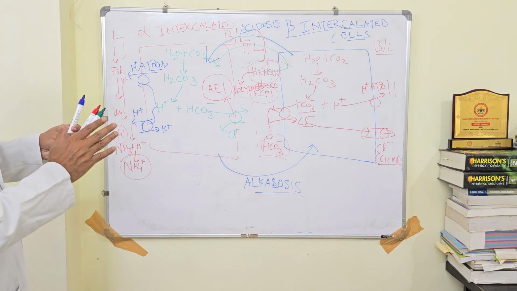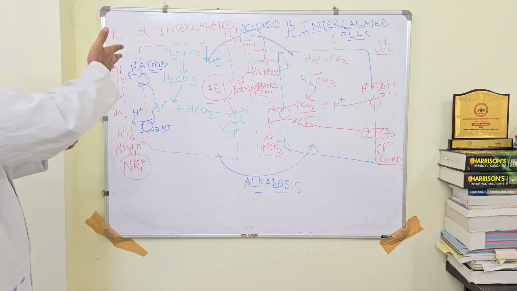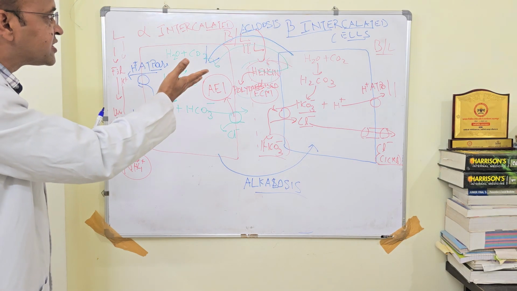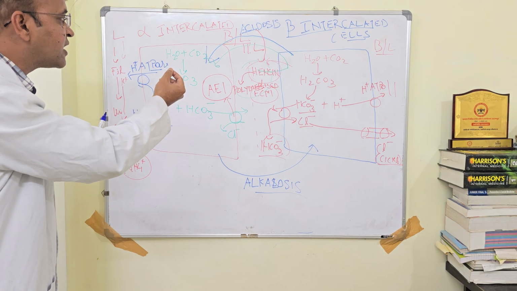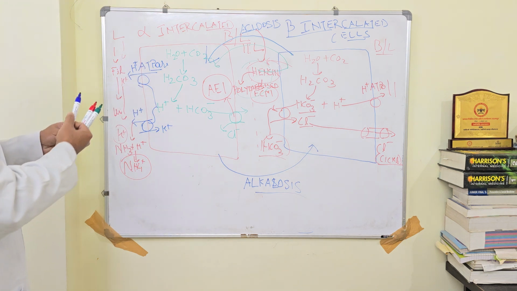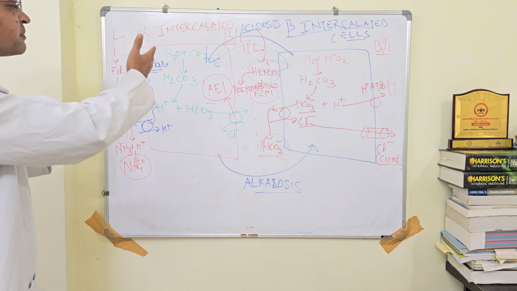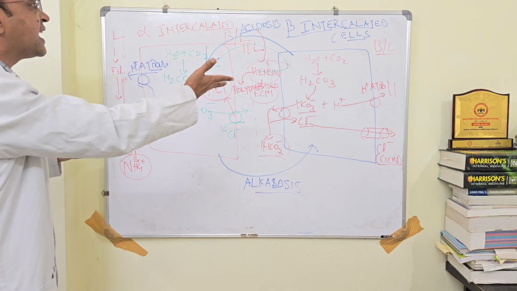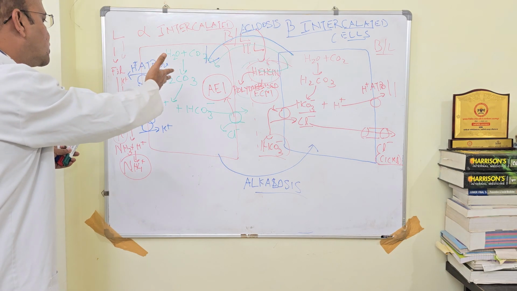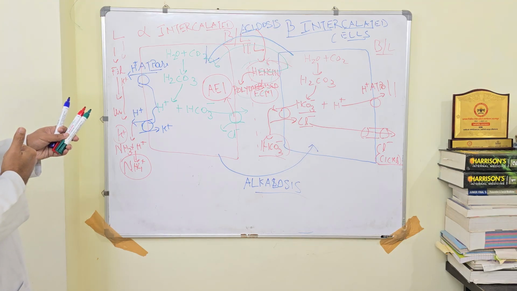So how exactly in acidosis does beta get converted to alpha? In ordinary conditions, beta cells secrete one protein called Hensin. This Hensin in acidosis gets polymerized, and this polymerized Hensin signals beta intercalated cells to get converted into alpha intercalated cells.